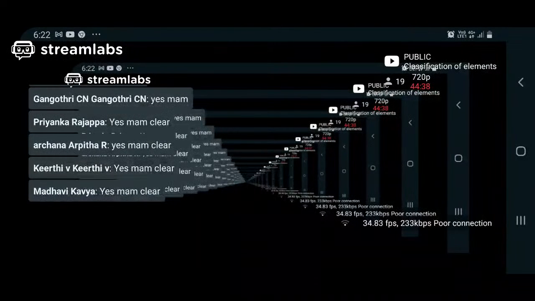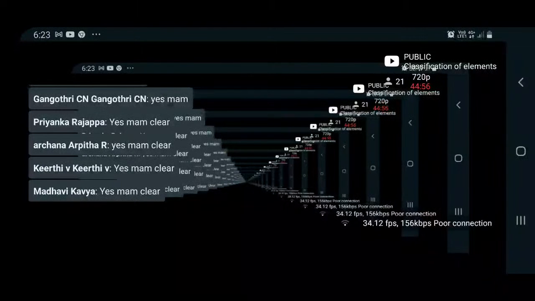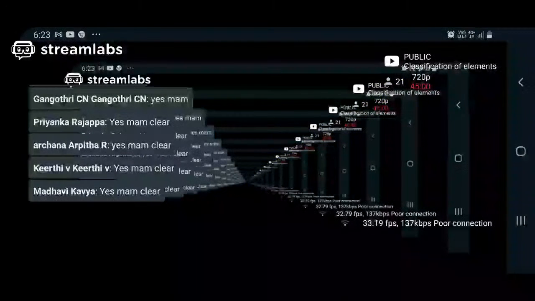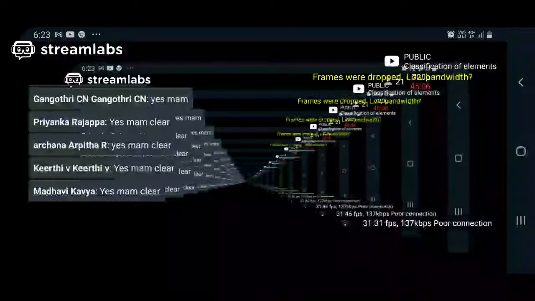Why? There may be existence of isotopes. What are isotopes? Isotopes are the elements having same atomic number but different atomic mass.